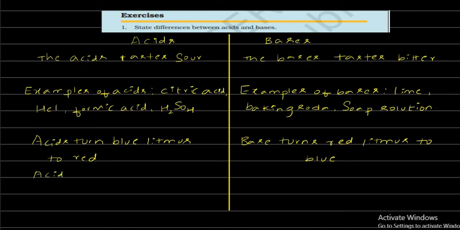Acids remain the same in color after reacting with turmeric.